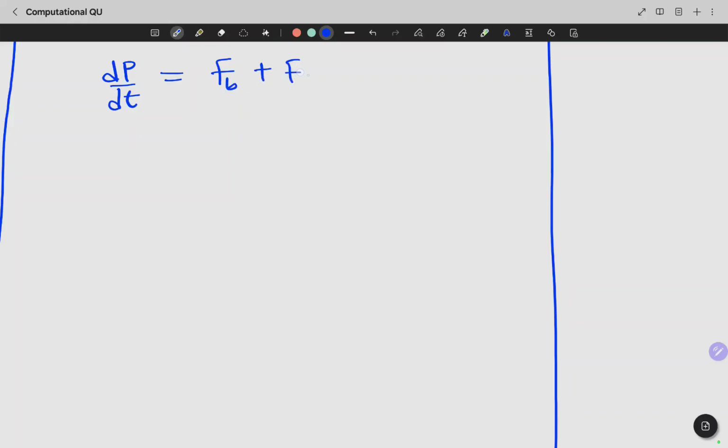FB plus Fs. Now, for a unit mass of the liquid, you can go the same way we did.